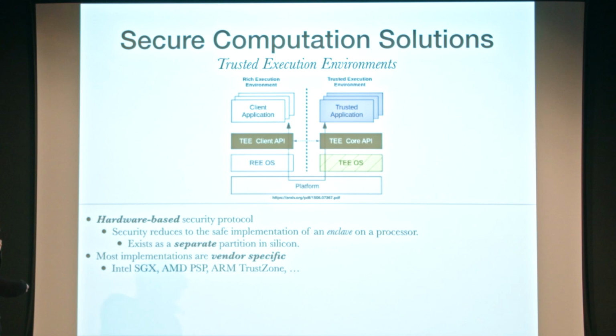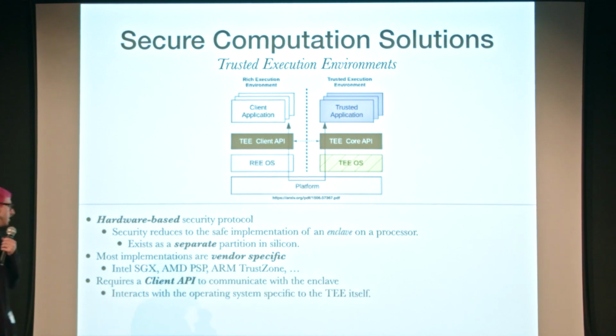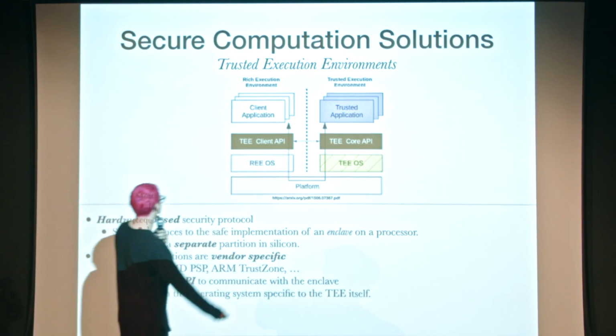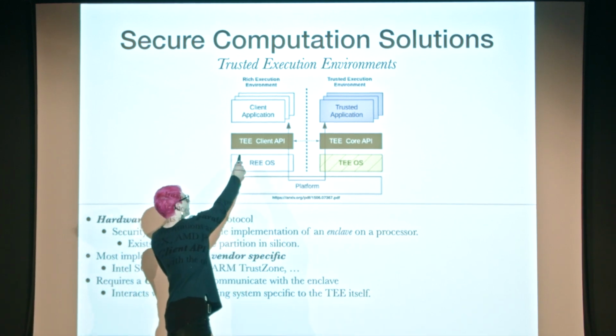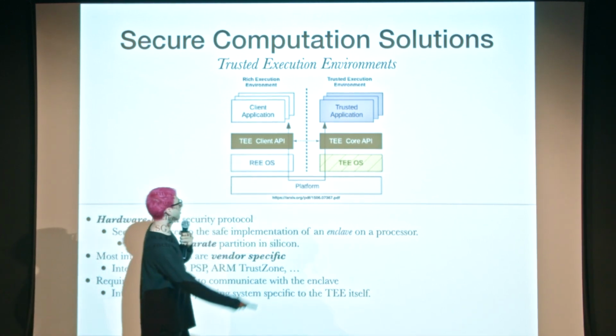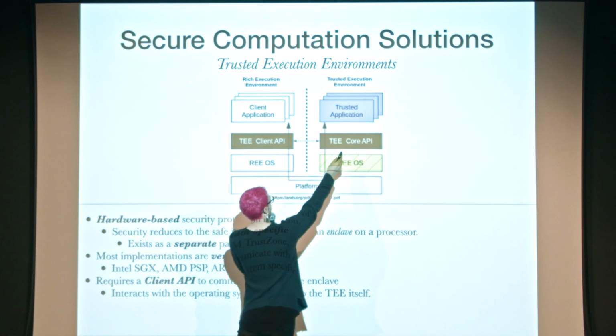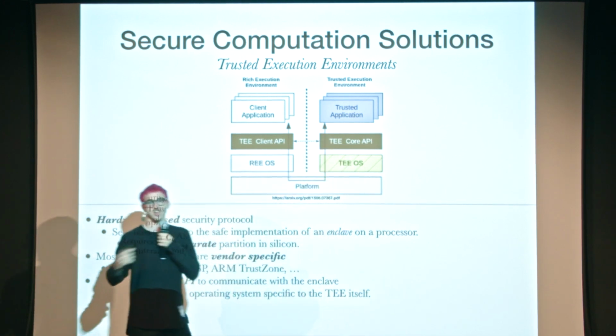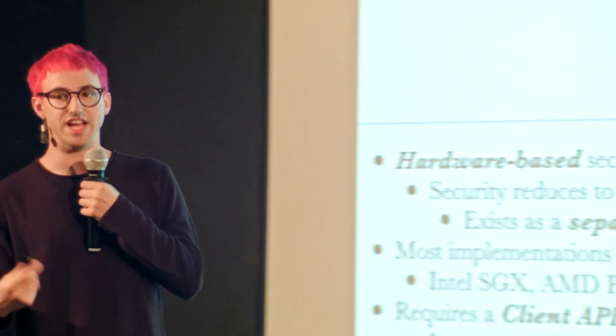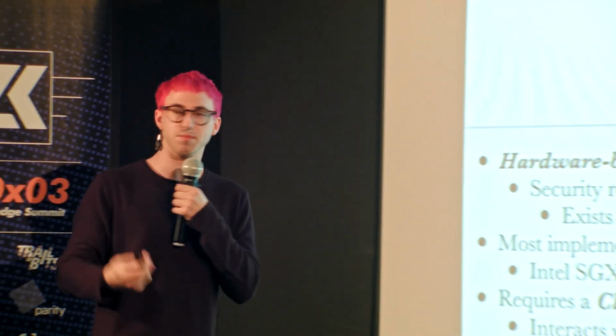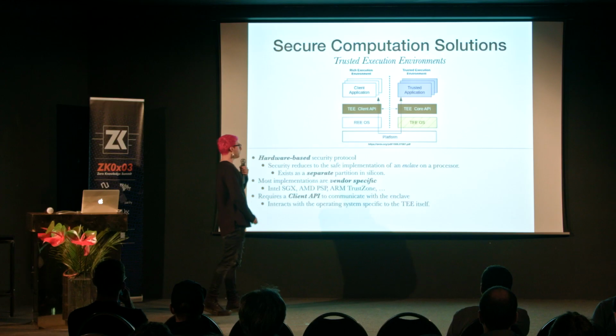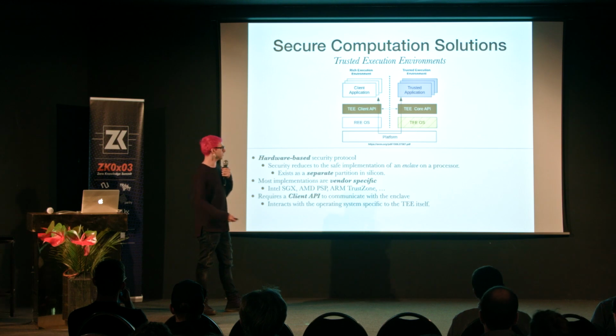Some examples are Intel SGX, AMD PSP, and ARM TrustZone. It requires a client API to communicate with the enclave. In our diagram here, we have a client API which will communicate with the processor itself and allow the application to be executed inside this enclave, inside this secure part of the processor. There are problems with this, and we'll go over those as well.